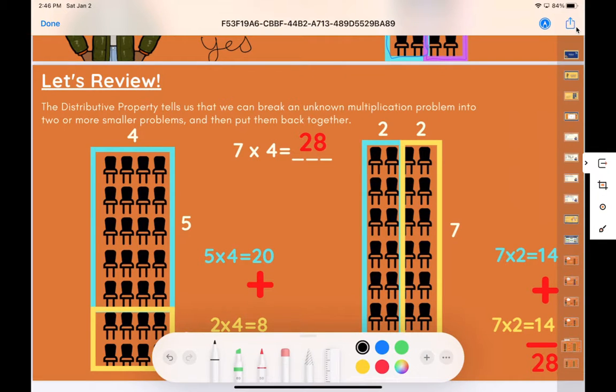She added them together, and 5 times 4 is 20. 2 times 4 is 8, and so her total was 28. Jose also broke his array apart, but this time he broke his into a 7 by 2 and another 7 by 2. When he added them up, he got 28, which was the same answer.